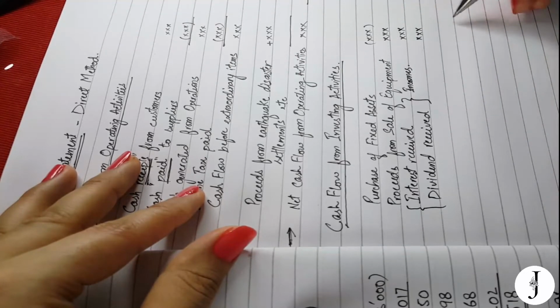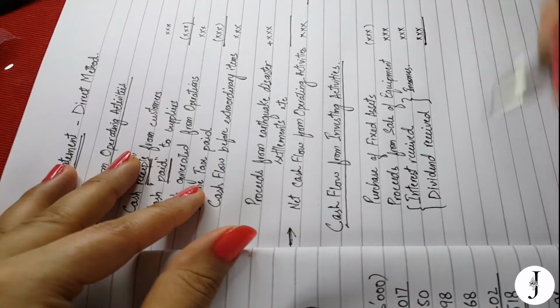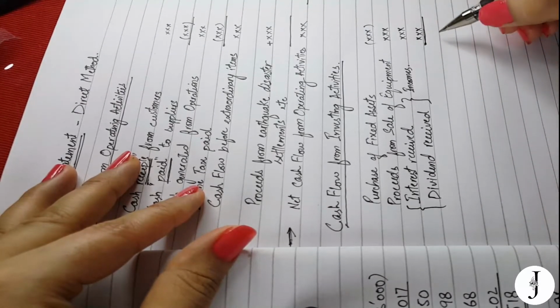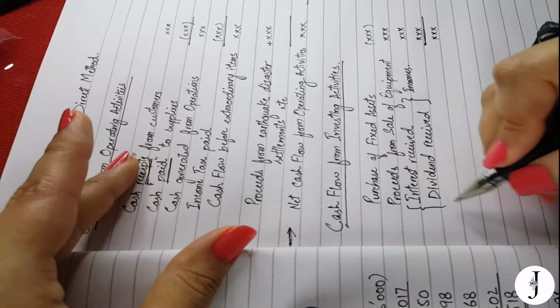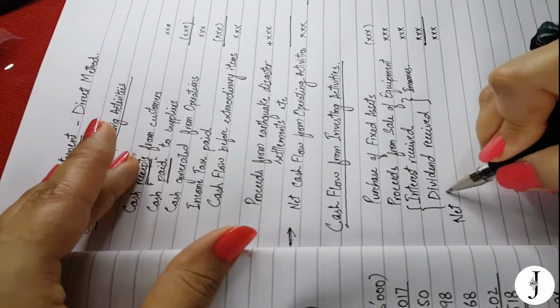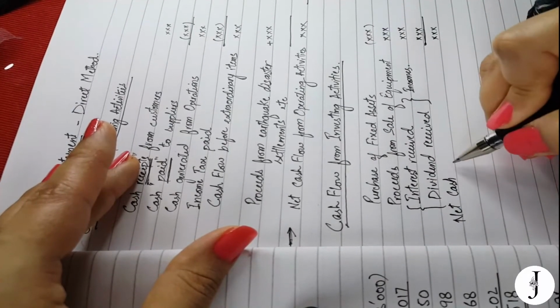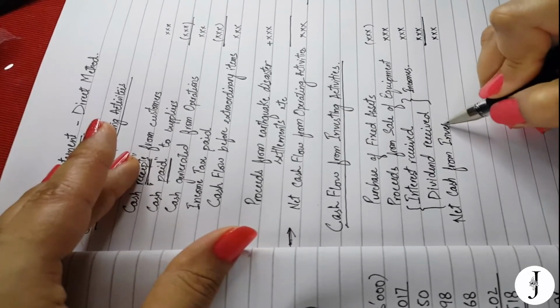So after calculating all these figures, we will receive net cash from investing activities. This figure we will call net cash from investing activities.